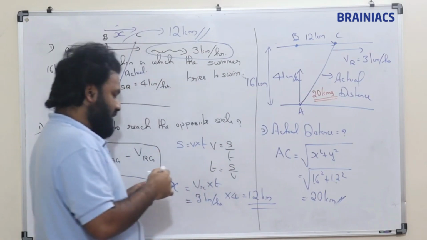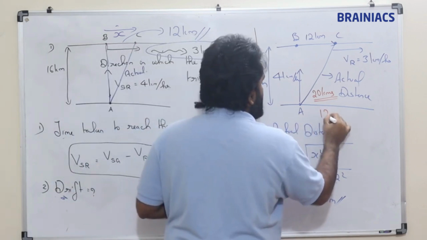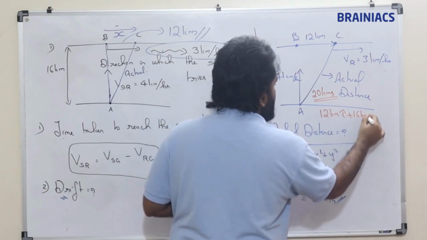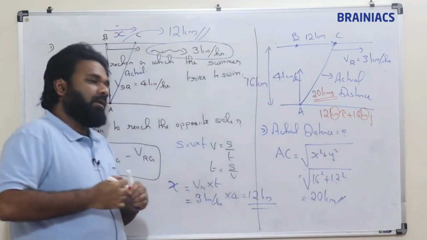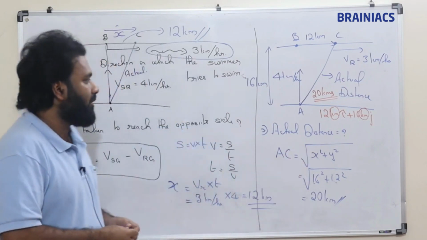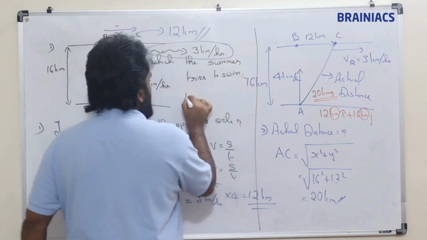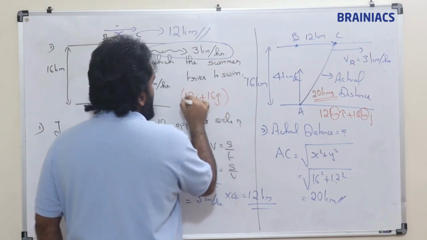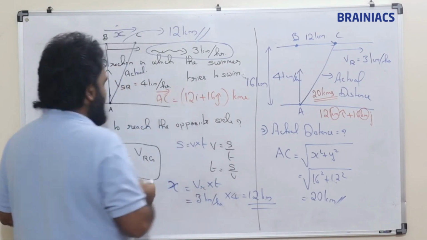This is the actual distance. Or we can write it in this way, 12 kilometer I plus 16 kilometer J. If you want, we can write 12I plus 16J in the form of a vector. Clear? So 12I plus 16J kilometers, the actual distance vector.